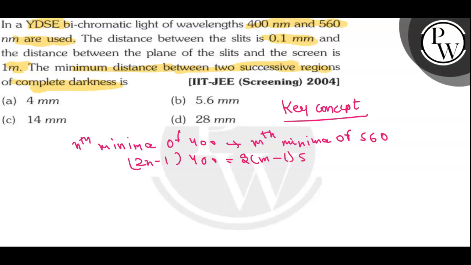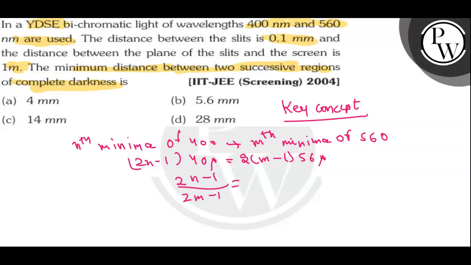Now we can equate them. So 2n minus 1 upon 2m minus 1 is equal to 560 by 400, which is 7 by 5, or you can say 14 by 10 and 21 by 15.